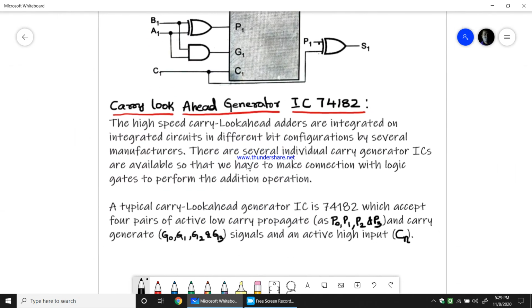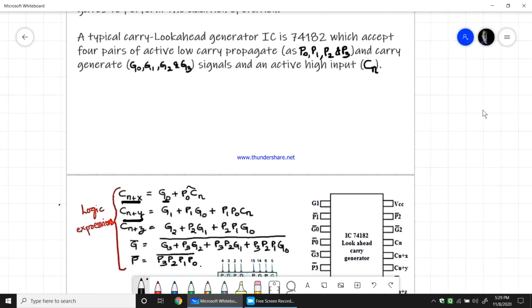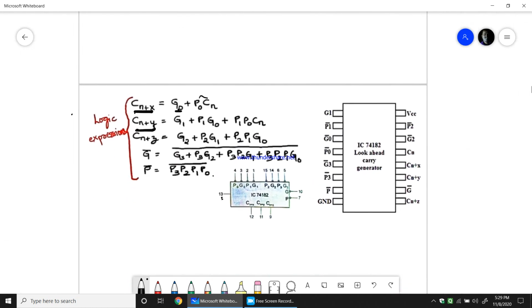Now we have a ready-made IC which can be used for the carry look ahead generator, which is 74182. Whatever I have discussed till now about the carry look ahead generator, the 74182 is used for that purpose. This is the pin detail for the 74182, where we have Cn, Cn plus X, Cn plus Y and Cn plus Z as the carry bits.